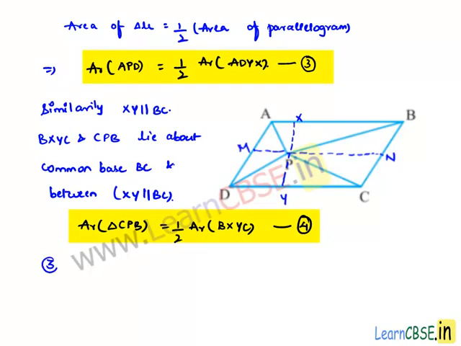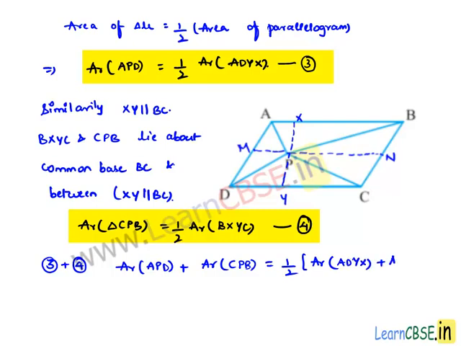Now let us add equation number 3 and equation number 4. Then we get area of triangle APD plus area of triangle CBP or CPB is equal to half times area of ADYX and area of BXYC.